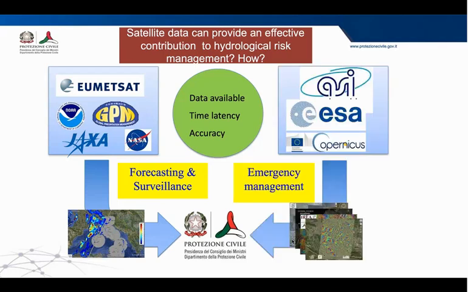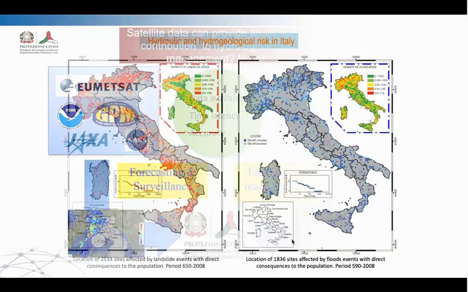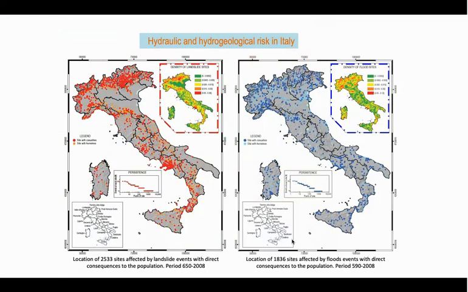During post-event emergency management, we use other satellite data coming from ESA, of course, the services of Copernicus and the Italian Space Agency, that can provide us information on land characteristics and features. In particular, in this presentation, I will focus on hydraulic and hydrological risk.